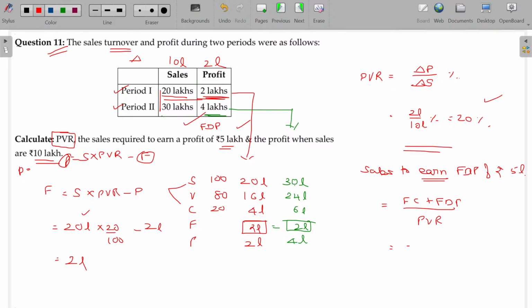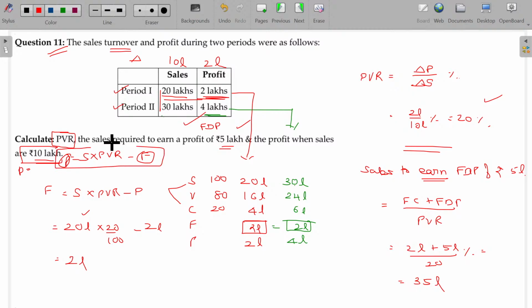Here, fixed cost is 2 lakhs. Desired profit is 5 lakhs and your estimated PVR being 20%. Now what is the value? Is it 35 lakhs? Hope you will be now able to understand the sales required to earn the desired profit in this case is 35 lakhs. And the last question is, if the sales is 10 lakhs, what is the profit? For the calculation of profit, this is the formula.